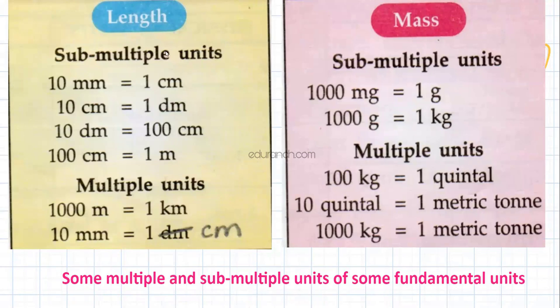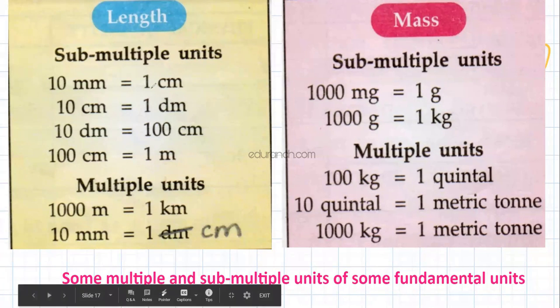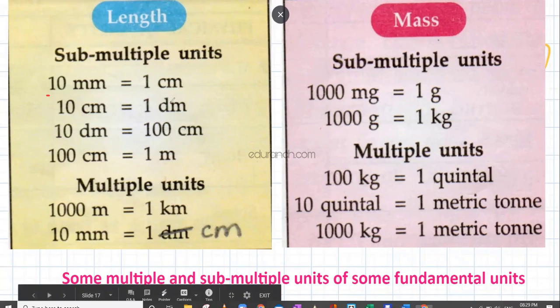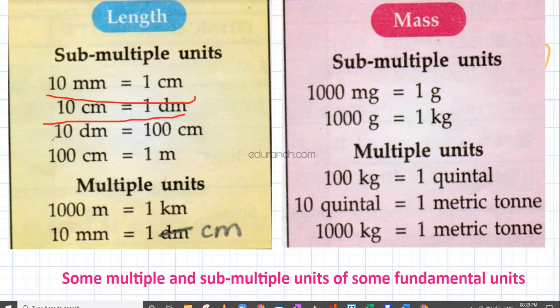Now these are a few submultiple and multiple units of length and mass. So if you see on this table on your left hand side, 10 millimeter is equal to 1 centimeter, 10 centimeter is equal to 1 decimeter, 10 decimeter is equal to 100 centimeter, 100 centimeter is equal to 1 meter.